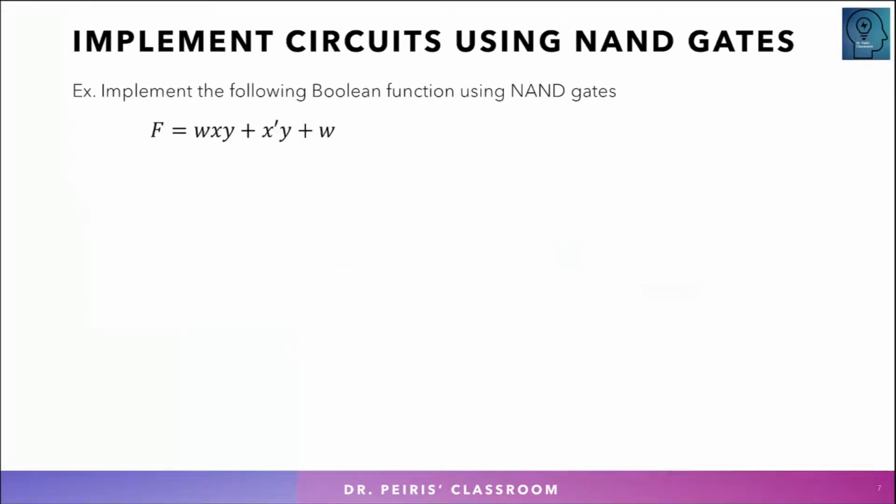Let's do another one. In this case we don't have the circuit diagram, we are given the Boolean function. The first thing we're going to do is draw this Boolean function using AND and OR gates. Whenever you have complements, we assume that these complements are readily available, so we don't need to draw NOT gates.